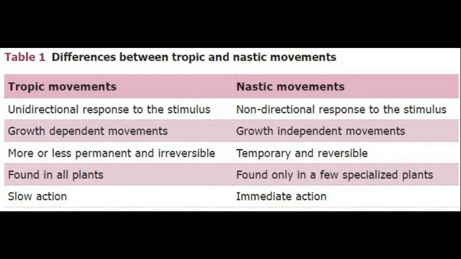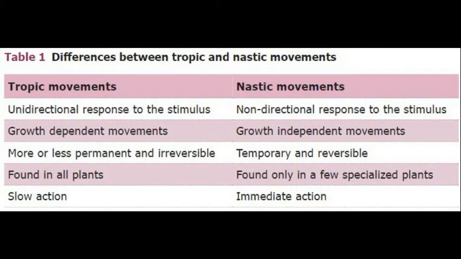Only one part of the plant will grow towards the water, and the shoot of the plant is growing towards the sunlight. So tropic movement is a unidirectional response to the stimulus. Nastic movement is a non-directional response. Whichever direction you touch the leaf of the touch-me-not plant, the leaf will droop. So there is no directional response.